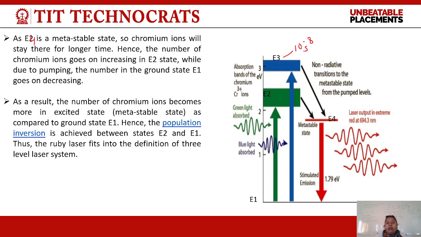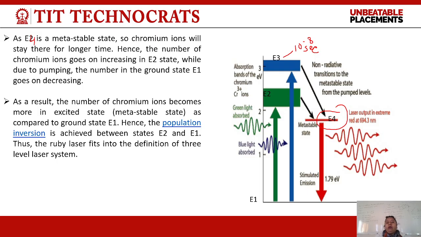So a chromium ion stays here for 10 to the power minus 8 second, and after that they start jumping to their ground state, but few of them jump into the ground state, and most of them are trapped by this metastable state E4.